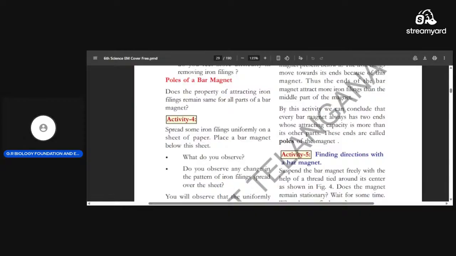These ends are called poles of the bar magnet. The attraction at the poles is more than the middle portion. That is the conclusion.